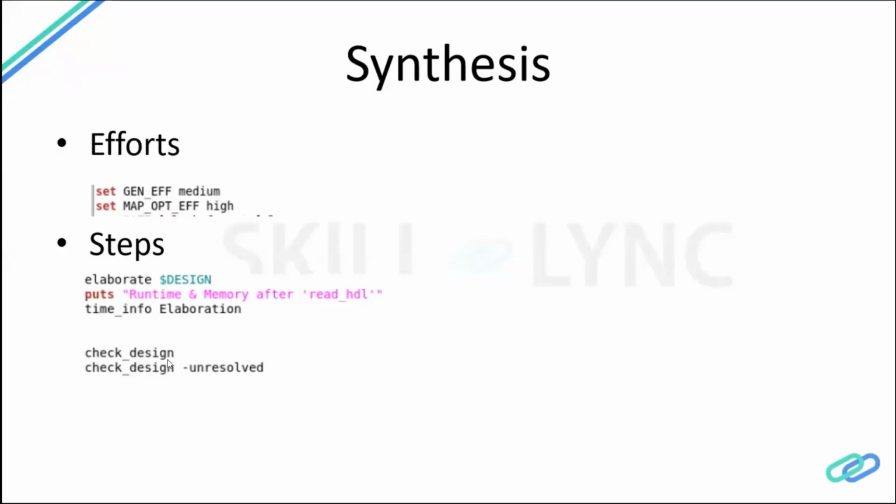Check design means whatever linting checks we do. The synthesis tool will also do its own checks, such as whether LHS and RHS are matching, or whether there is a latch in the design, whether you intended it or not. It will list out everything for us to review.